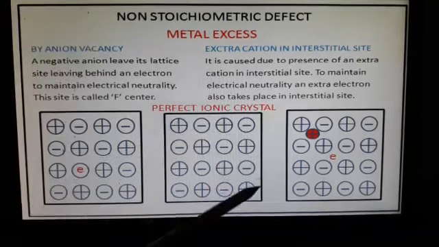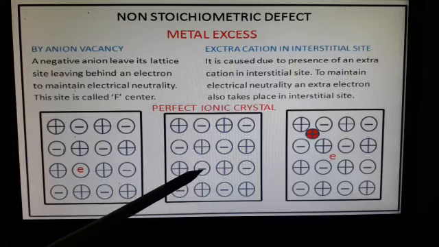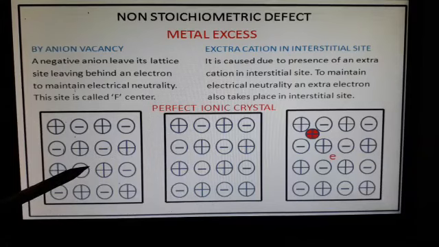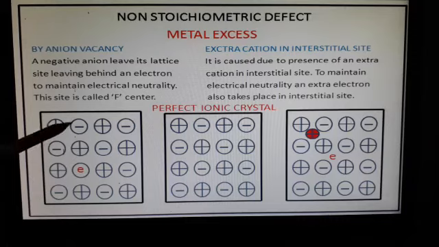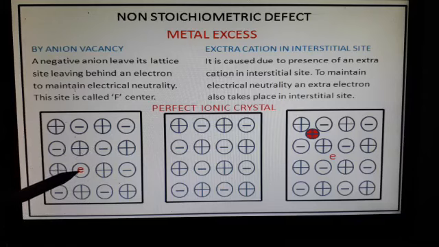By anion vacancy we can see. Again, you see this is a perfect crystal. If one anion leaves its space, this space is empty now. To maintain electrical neutrality, meaning the total number of positive charges should be equal to the total number of negative charges, that leaving anion will leave an electron in this position.